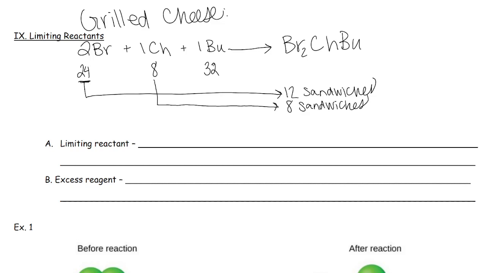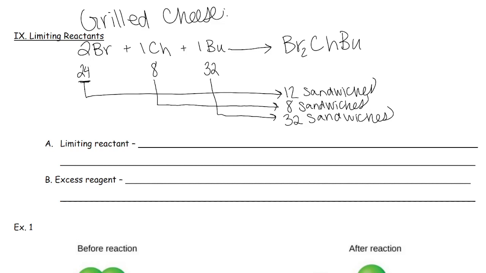And if I have 32 tablespoons of butter and I only need 1 tablespoon per sandwich, how many sandwiches, according to just this, could I make? 32. So if this is what your mom buys, how many actual grilled cheese sandwiches could you make with all these ingredients? 8.